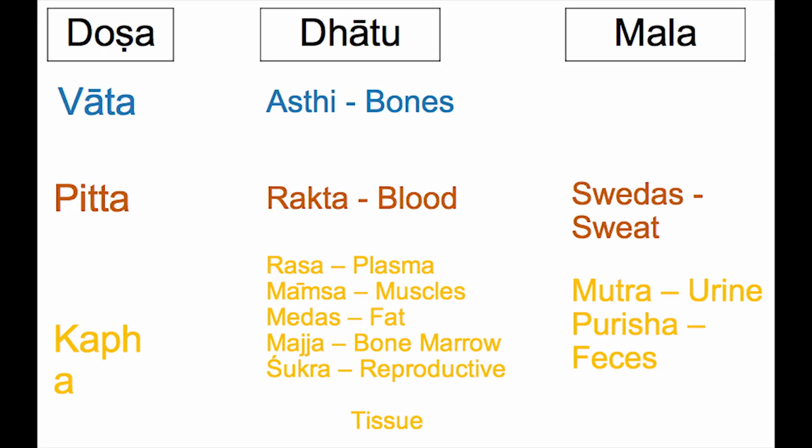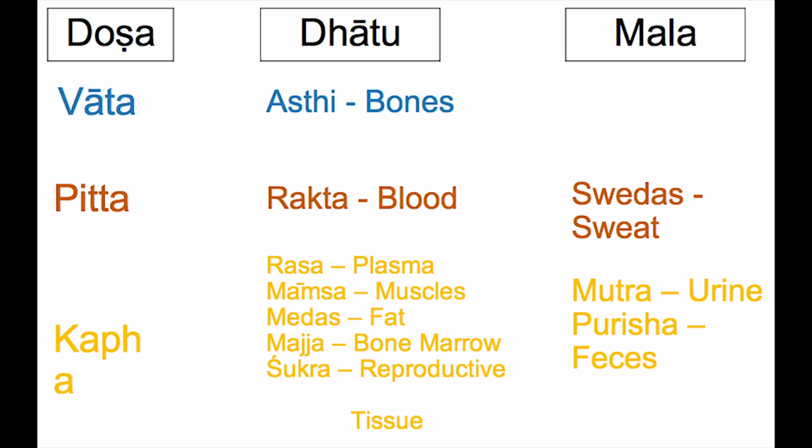So the doshas carry out the function, the dhatus provide the structure or the actual equipment necessary to carry out the function, and the malas are the output or the end result of that process. So they all have a very close relationship. They are not mutually exclusive.